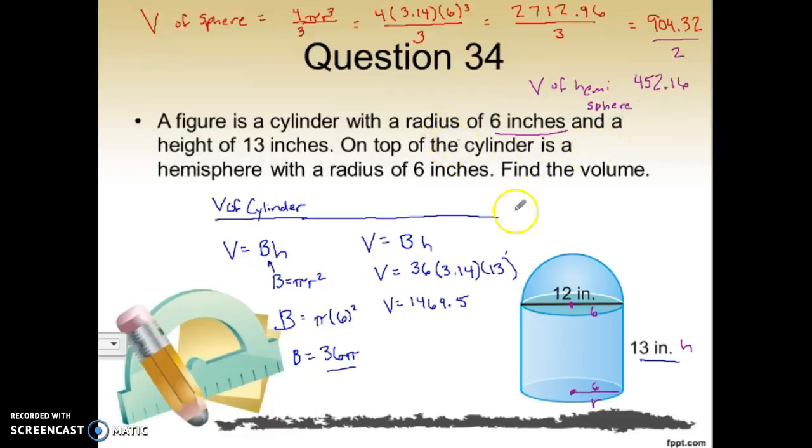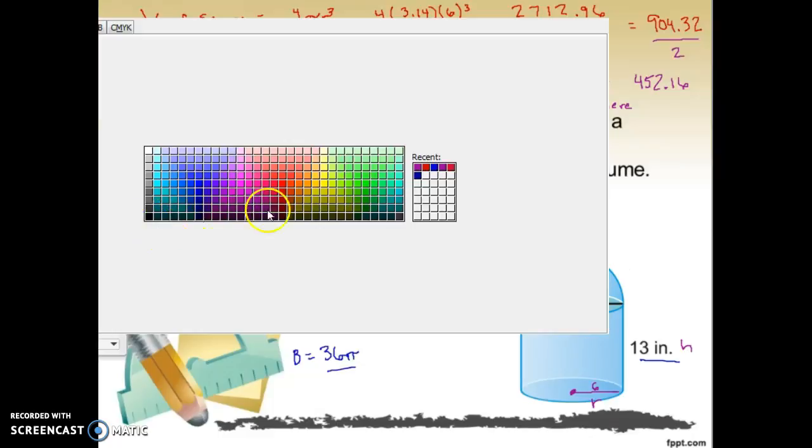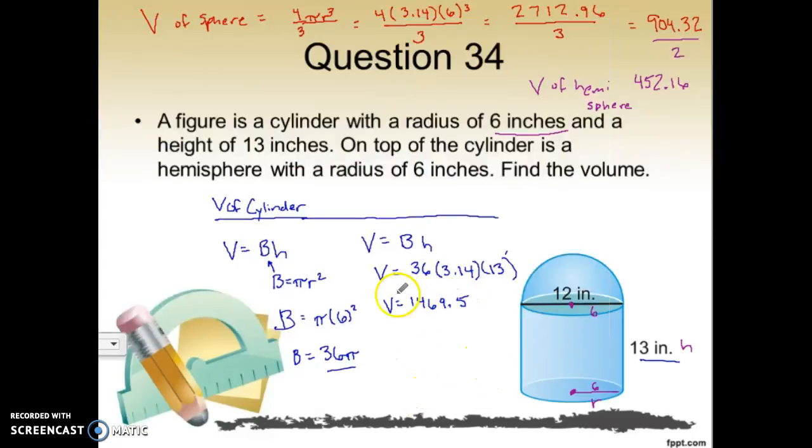All right, but they want to know the volume of this entire figure. So now I'm going to have to write that on here somewhere. How about right here? I know that the volume of the cylinder is 1469.5. I'm going to add the volume of the hemisphere, which is 452.16, to find the volume of the entire figure.